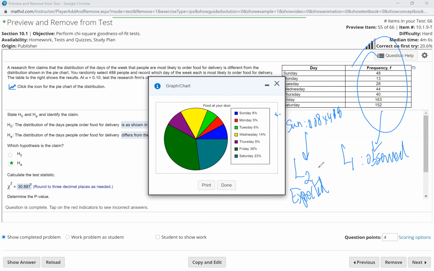What do you do next, guys? You go to stat, tests, and you look for this test, goodness of fit test, GOF. The GOF test is gonna ask you to check what's the observed and what's the expected. You already have L1 and L2, you don't do anything.